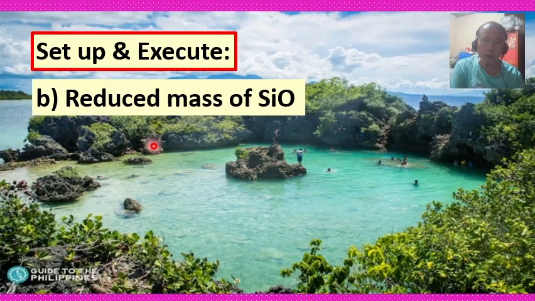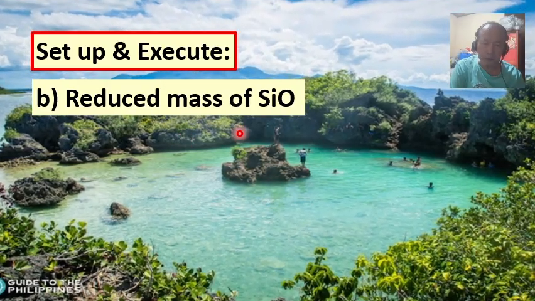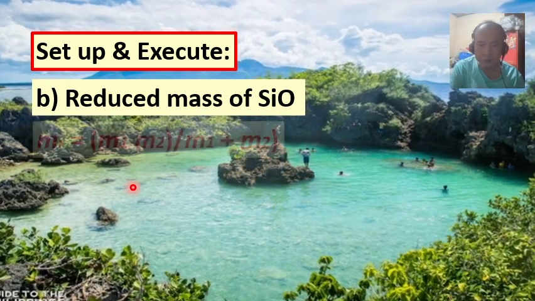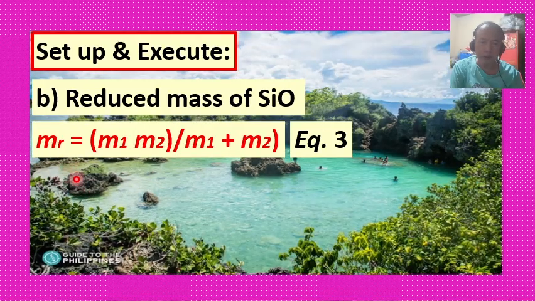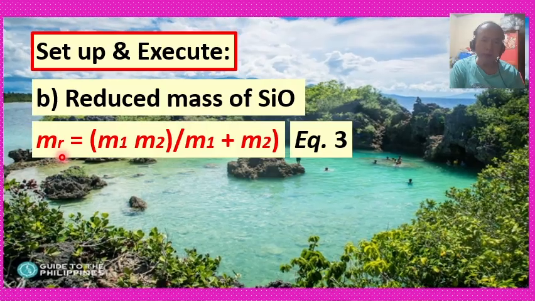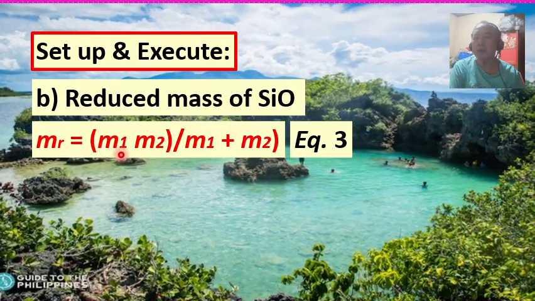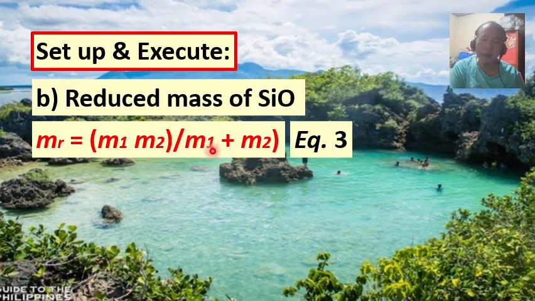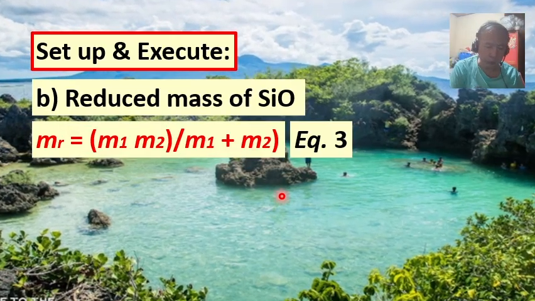In part B, we are to determine the reduced mass of the molecule silicon monoxide. So we use equation number 3, where the reduced mass m sub r is equal to the product of the two masses, m1 times m2, divided by the sum of the two masses, m1 plus m2.